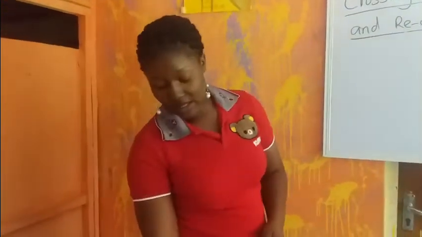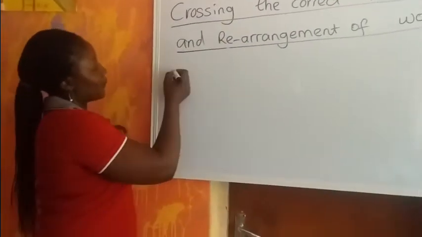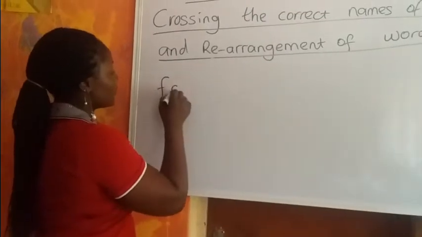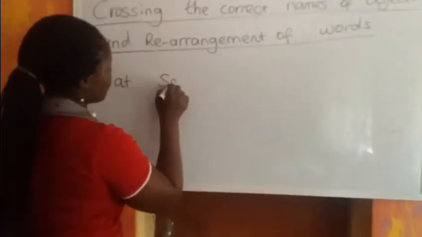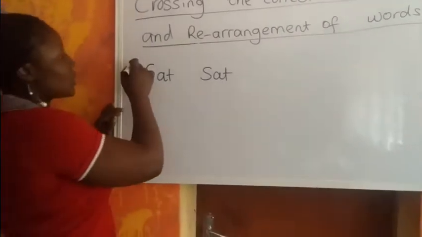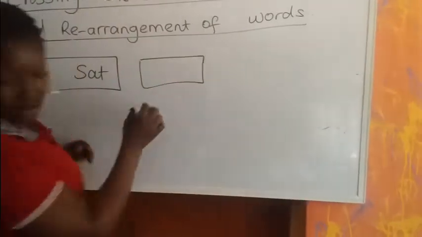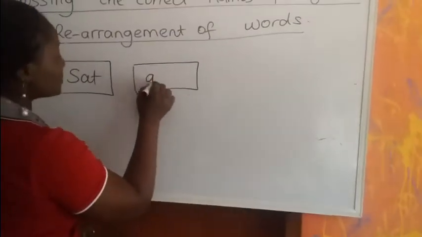So let's look at this example. These are the words given to us. We are to use these letters here to form the word.